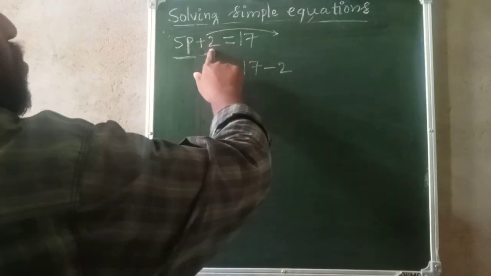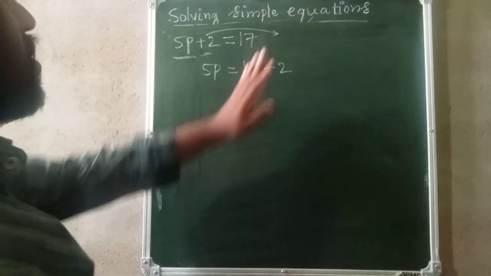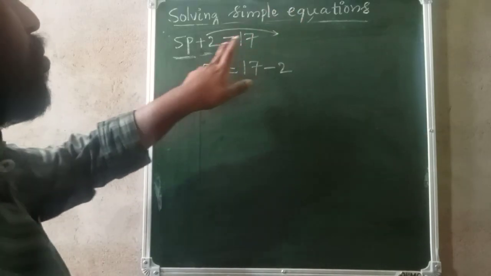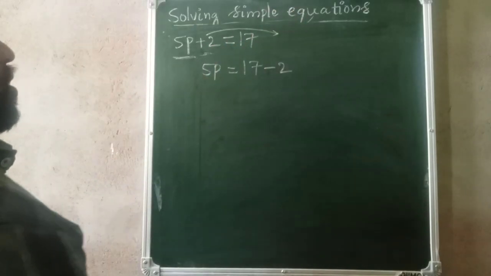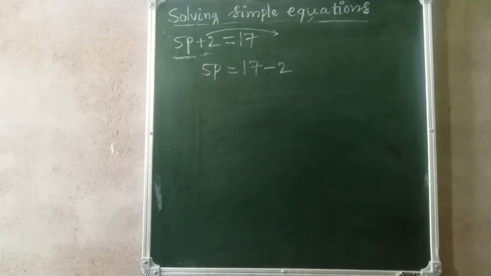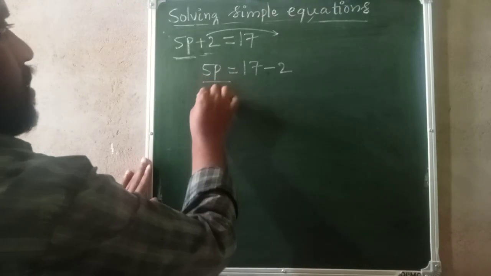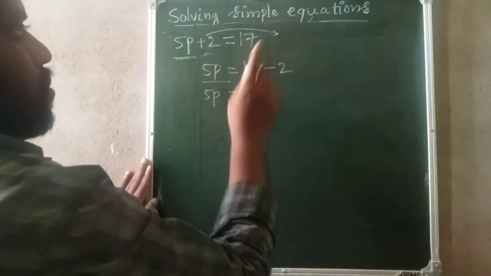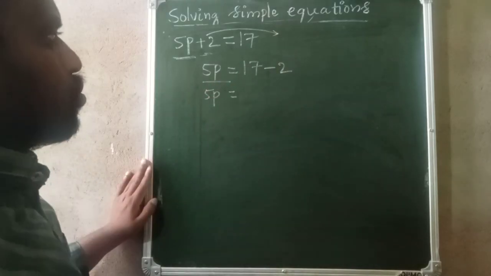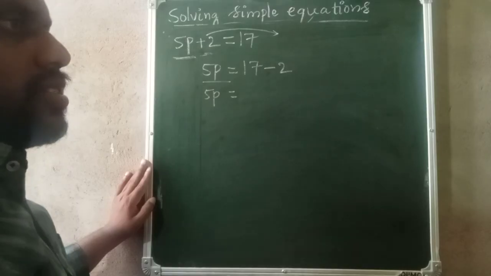Why? Because this is moving to the other side, after the equal sign. Okay, so next write 5p is equal to 17 minus 2, how much? That is 15.